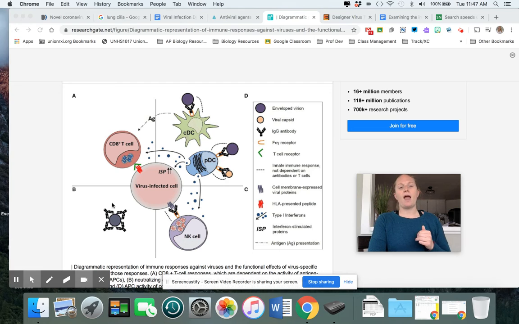These antibodies can surround the virus completely, shutting it down from infecting any other type of cell. Okay, so they can actually just say, hey, we're going to trap you like a jail cell. Then it can't do anything. So that's one way your antibodies help you. That's B. C, you have this NK cell. It's called a natural killer cell.